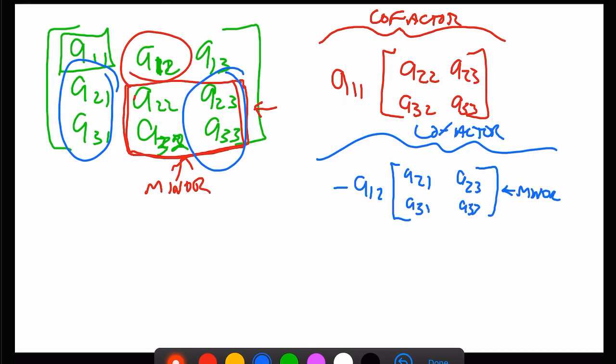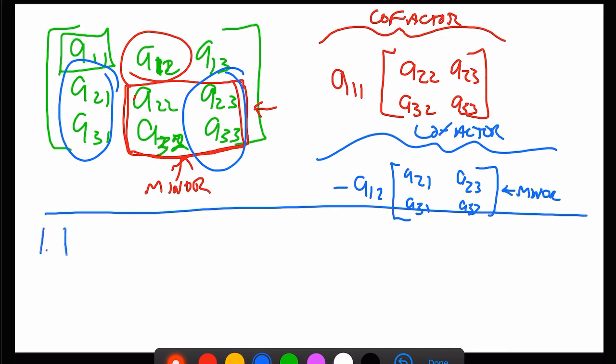Now, there's all kinds of other stuff about determinants that we may care about or that we don't. The determinant of A is equal to the determinant of its transpose.